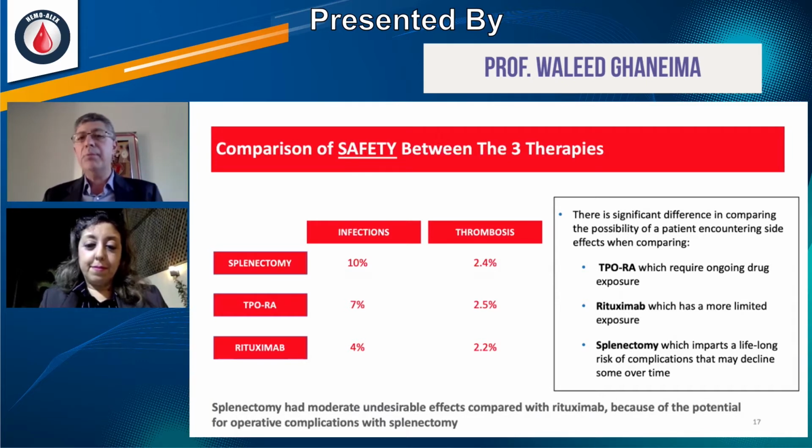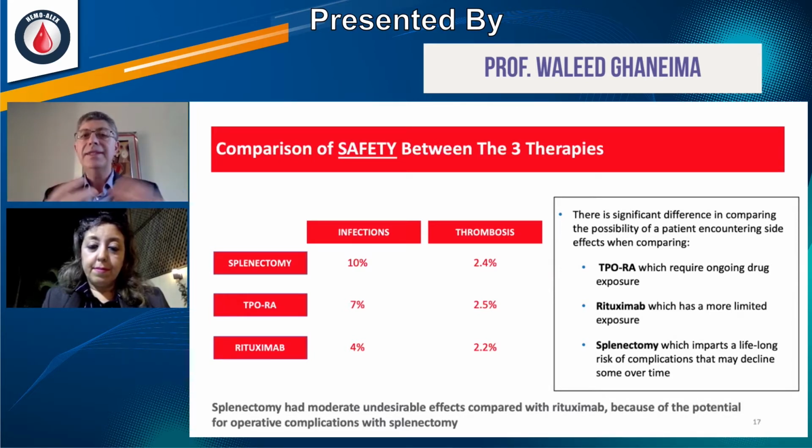And again, what is important is what the patient prefers. So we have to present the data to the patient, the characteristics of these therapies, and let the patient make a decision together with the physician.